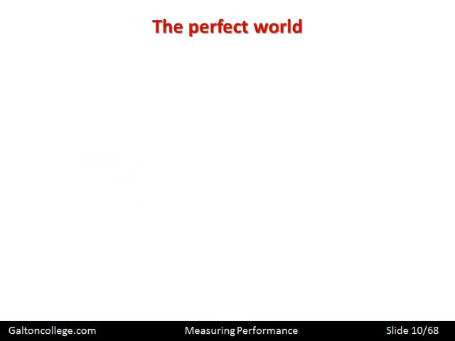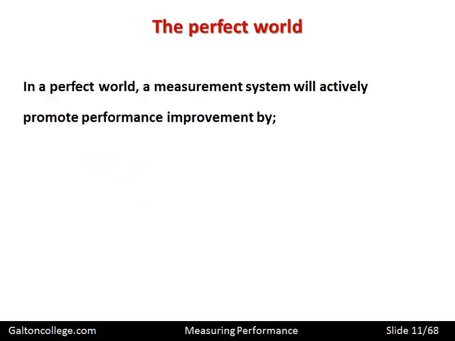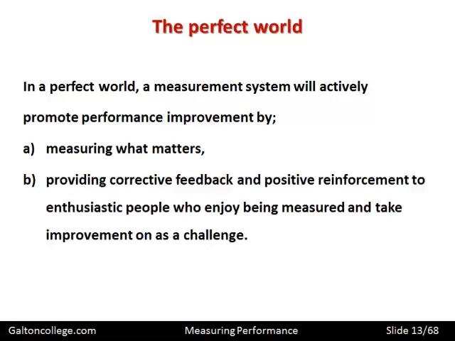So let's start by looking at, if you like, the perfect world. In a perfect world, a measurement system will actively promote performance by measuring what matters and providing corrective feedback and positive reinforcement to enthusiastic people who enjoy being measured and take improvement on as a challenge.